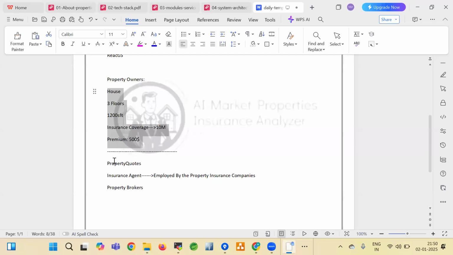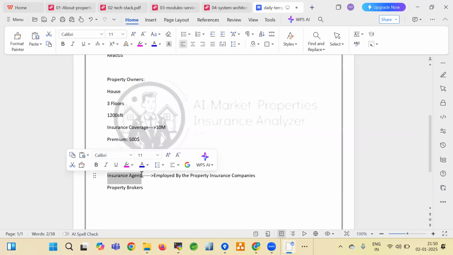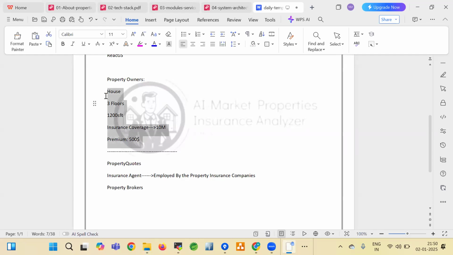So now the property owner consulted the agents, but none of the agents replied back. Assume the property owner waited for a week, but got no response. Waited for a month, but got no response. The insurance agents might not be interested in this quotation, so they are not getting back to the property owner. But the property owner doesn't know what is happening behind the scenes, right?